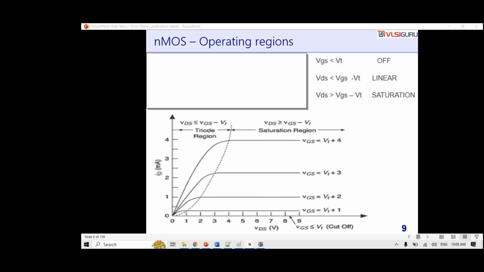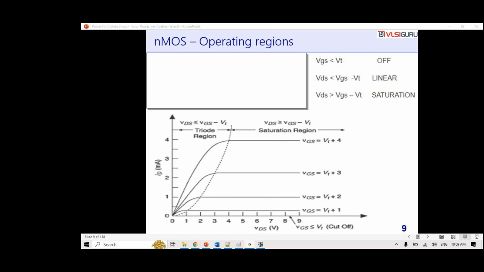One more thing you will see is that the linear region we are talking about is related to this one. There is a relationship between the drain to source voltage and VGS minus VT. When your drain to source voltage is less than VGS minus VT, it will be in the linear region.